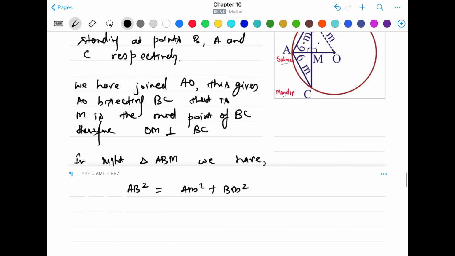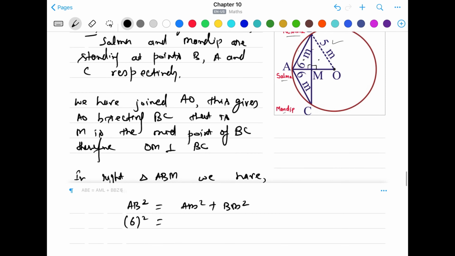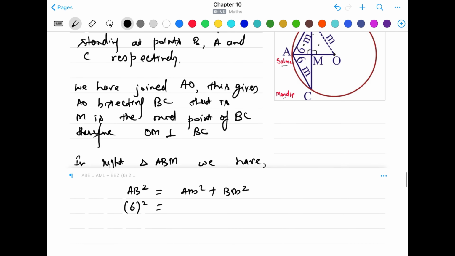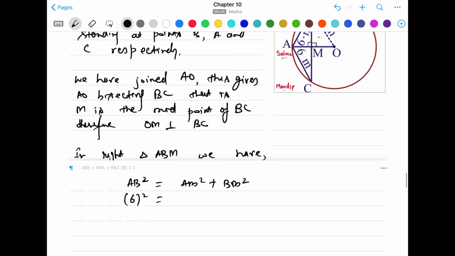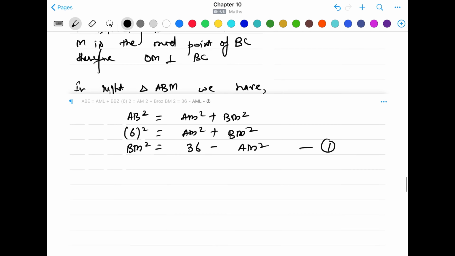AB is given to us, which is 6 meter, AM we don't know, and also BM we don't know, so we'll keep this as AM square plus BM square. We'll find BM square from here, which will be 36 minus AM square. Let's name it equation number 1.